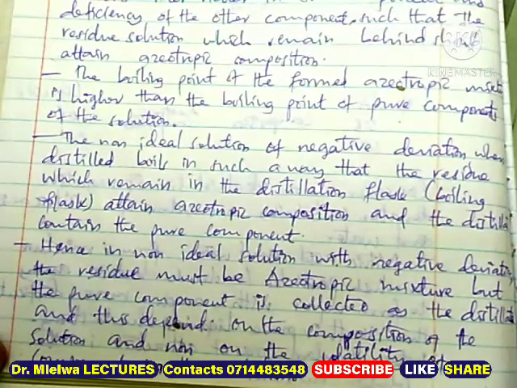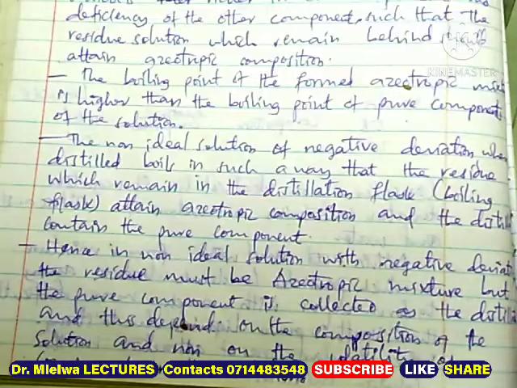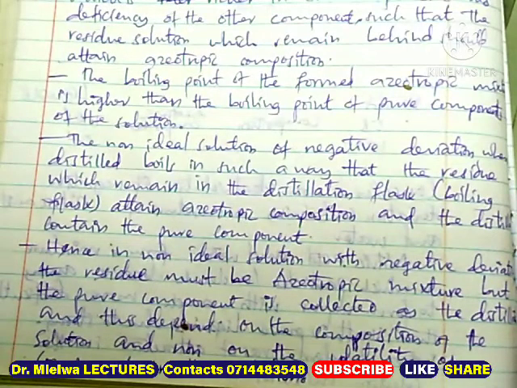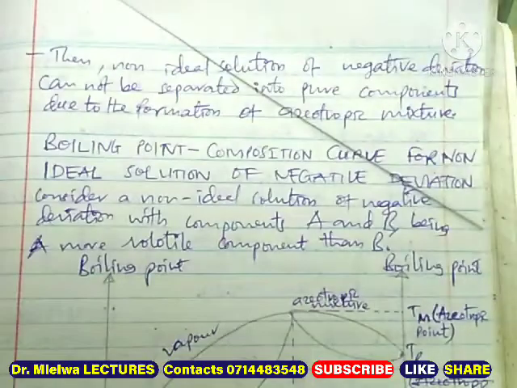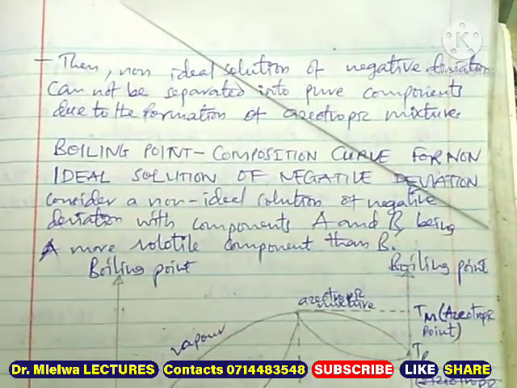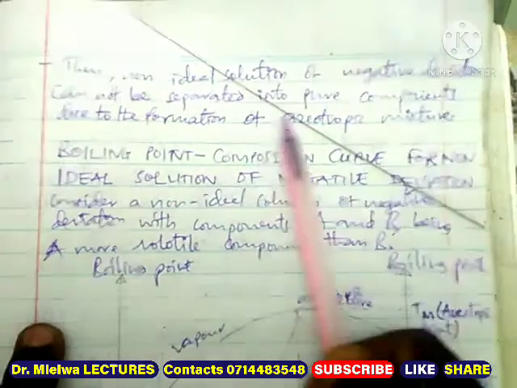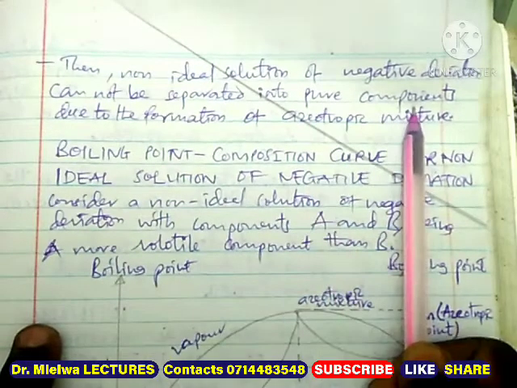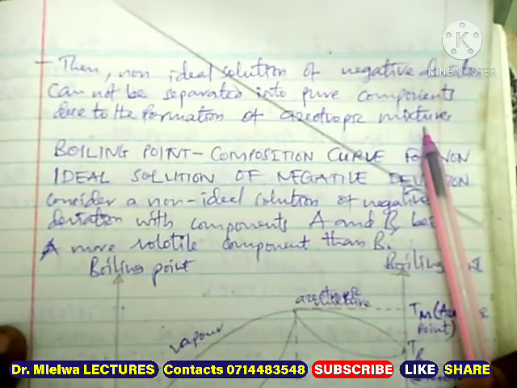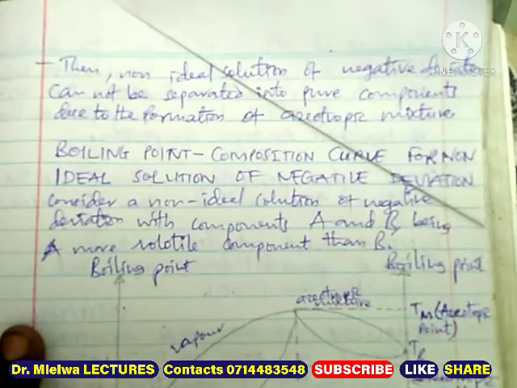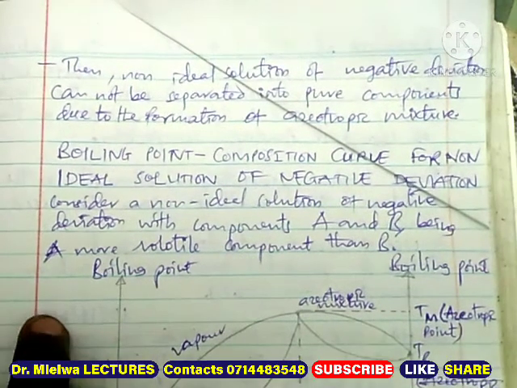So we will see what the distillate will be, which pure component we get as distillate under the different conditions we will discuss. So the non-ideal solution of negative deviation cannot be separated into pure components due to the formation of azeotropic mixture.